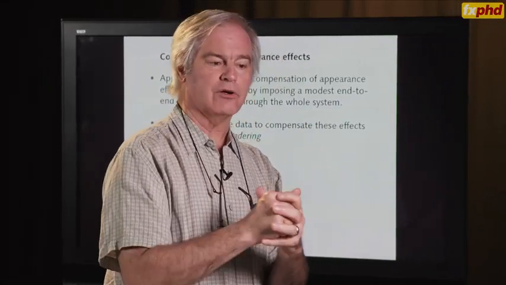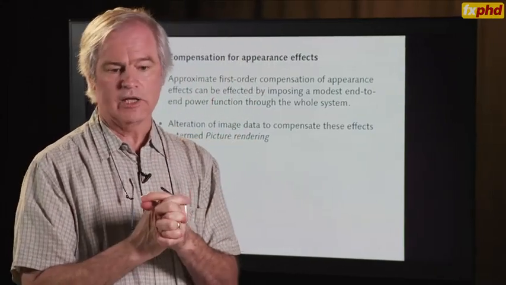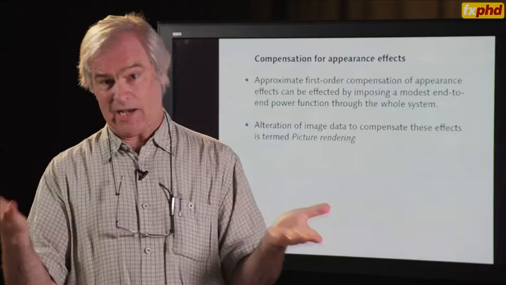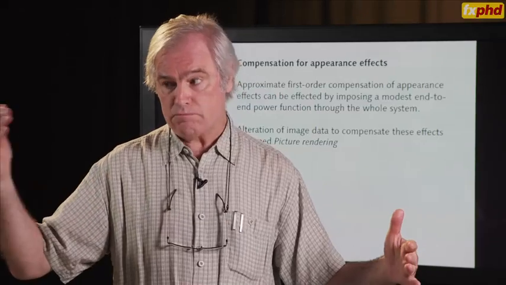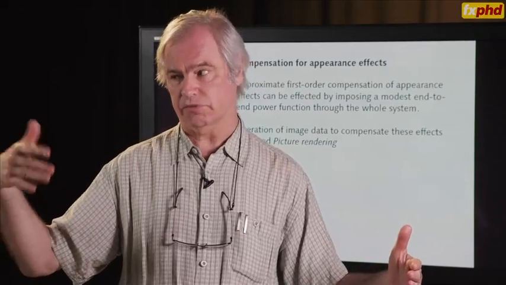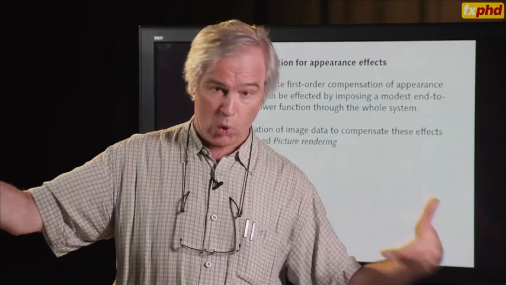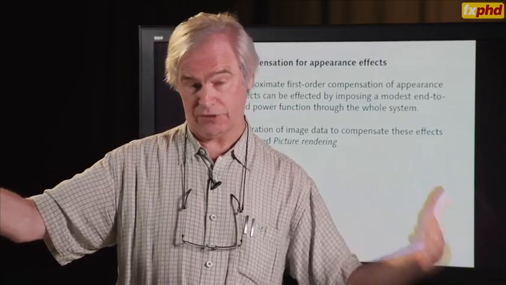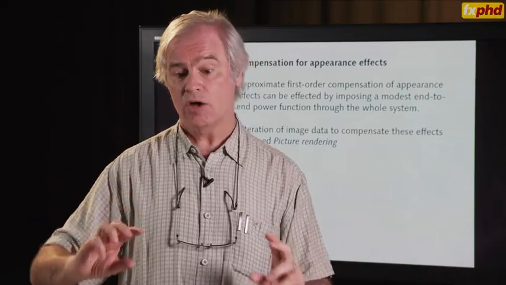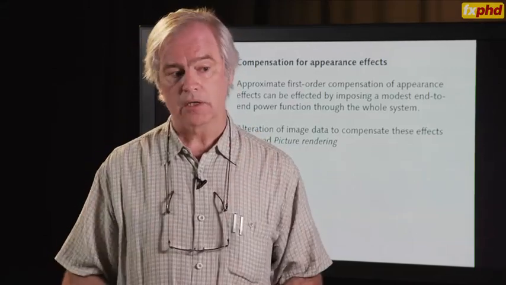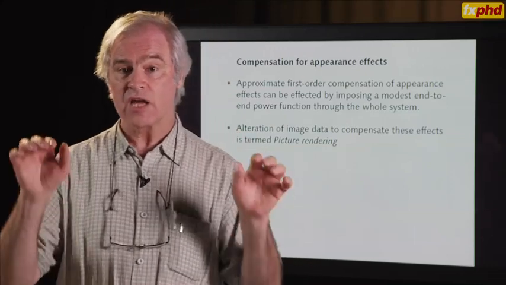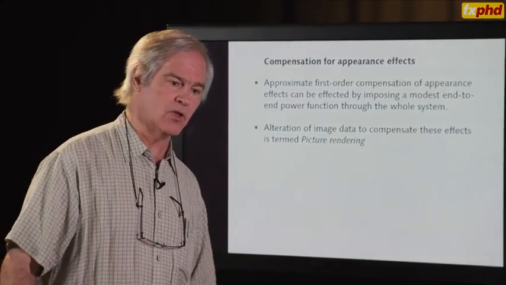The whole picture rendering stuff started out really by Kodak when they made film. They knew that most of the time the film was going to be exposed in a bright environment and all of the time it was going to be displayed in a dark environment. So Kodak folded in this power function or gamma compensation for these effects into the way they designed the film.